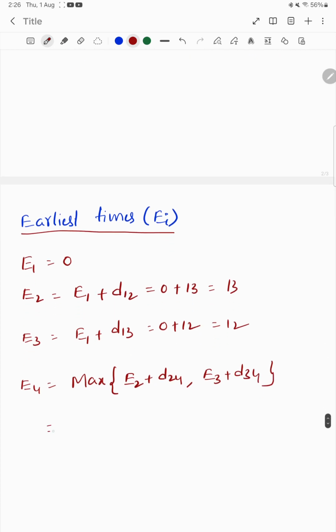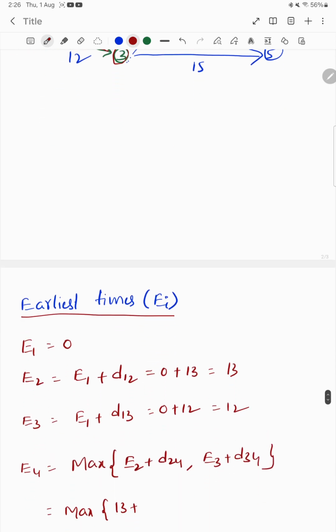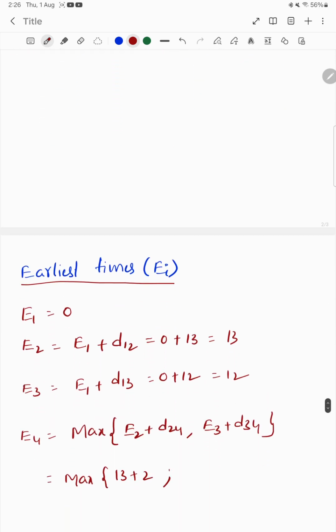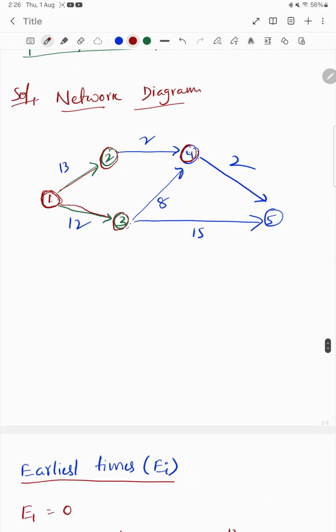Simplifying, E2 means 13 plus 2, and E3 means 12 plus 8. So this implies the maximum of 13 plus 2 and 12 plus 8.